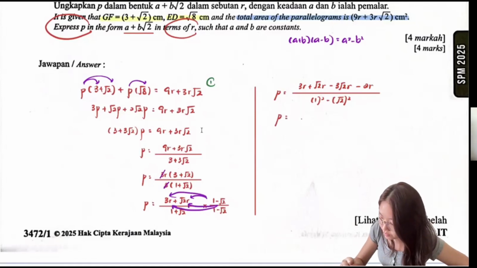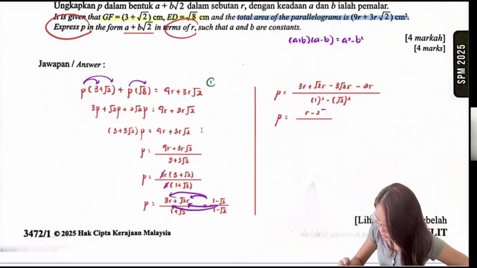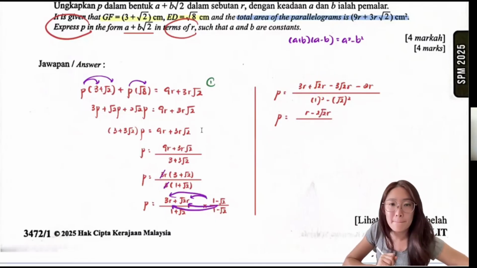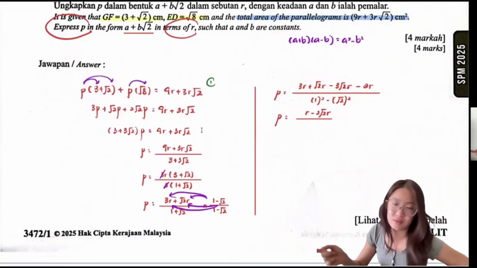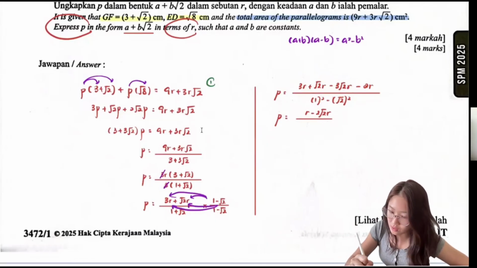Then we slowly simplify. 3R minus 2R, you have 1R left. And then negative 3 SURD2 plus 1 SURD2, that will be negative 2 SURD2R. Or you can write 2R SURD2, up to you. It is the same thing. At the bottom, 1 squared is 1 minus 2, this one you can write -1 at the bottom.